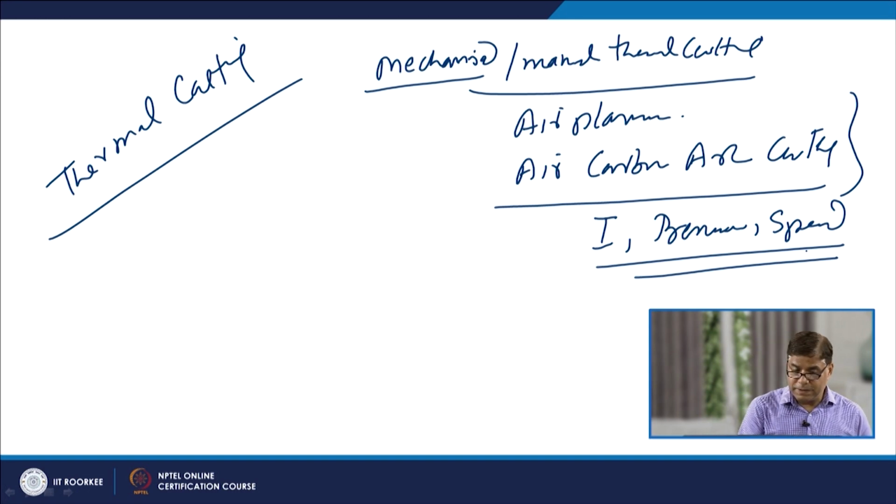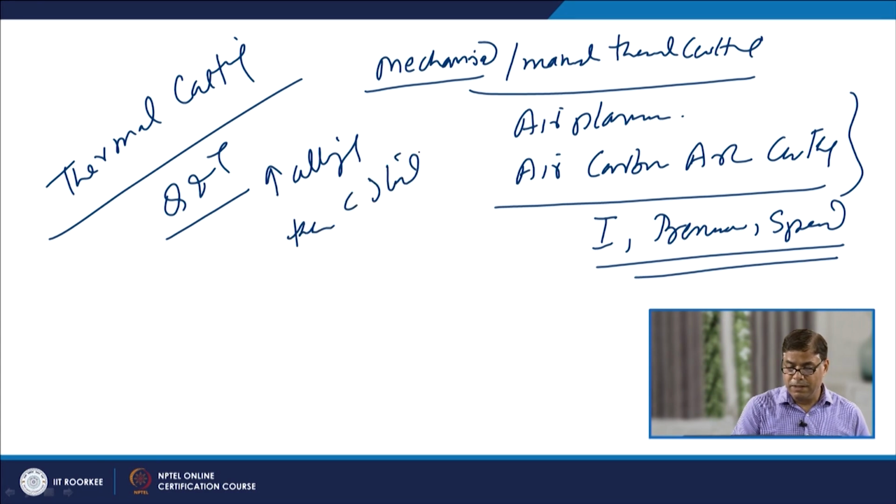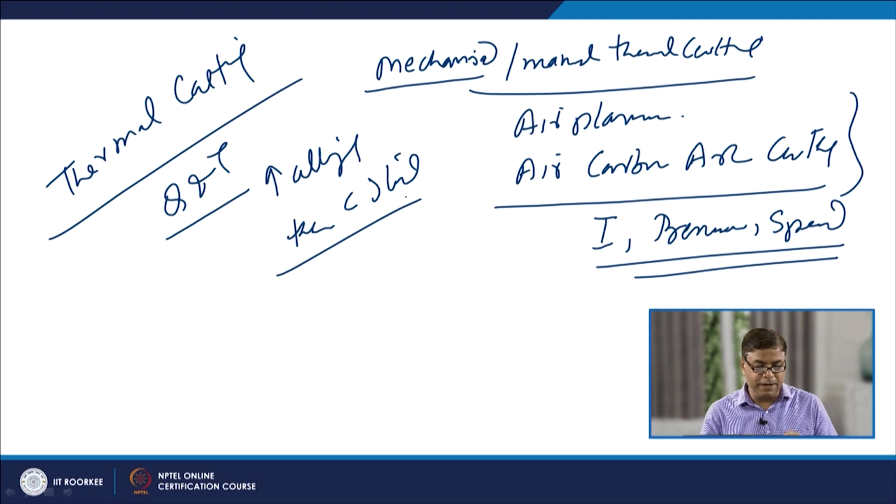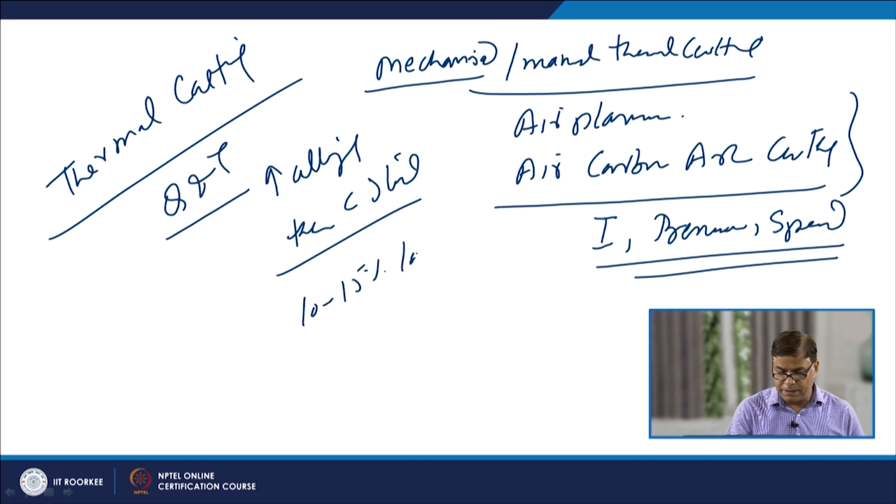Since the QNT steels have a higher alloying concentration than the carbon steels, the cutting speed applied for thermal cutting of the QNT steels will be about 10 to 15% lower than that used for the thermal cutting of plain carbon steel.